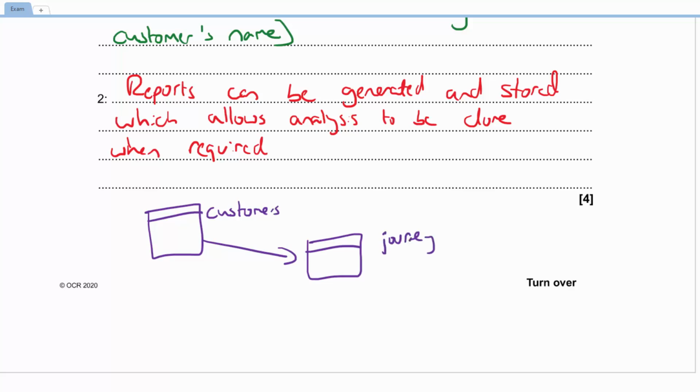So a customer can take multiple journeys, and so having this relationship between the two tables is nice and organized. It keeps things much more organized, and it allows more complex queries to be found. Like you can select a customer who has made a journey on a particular day because you are able to query both tables, but only because we have this relationship connected between them. You can kind of do this in a spreadsheet, but it's not nearly as designed for that purpose as a database is.